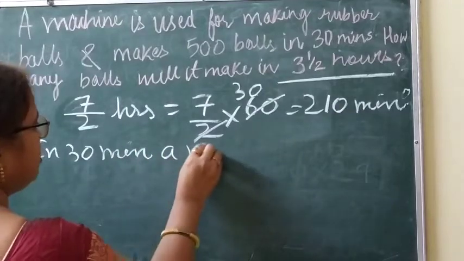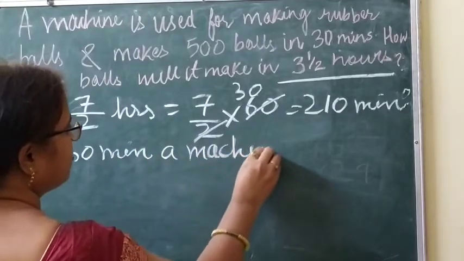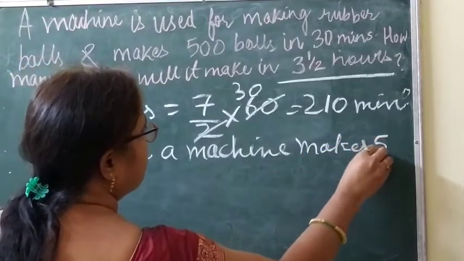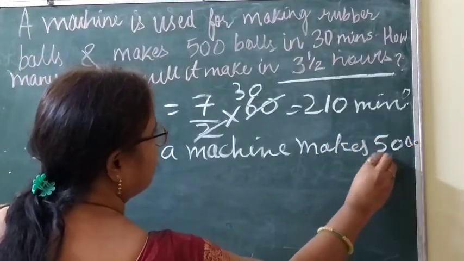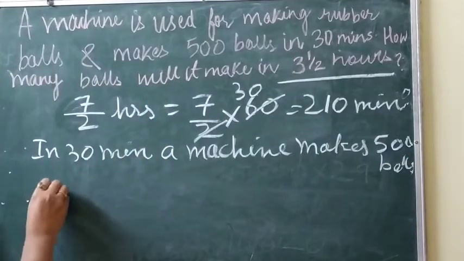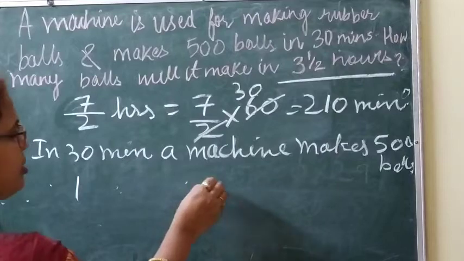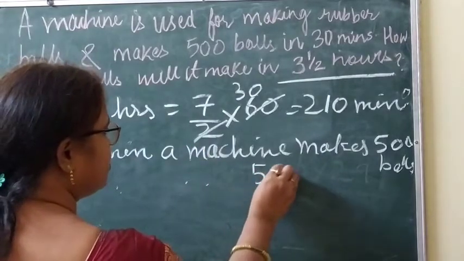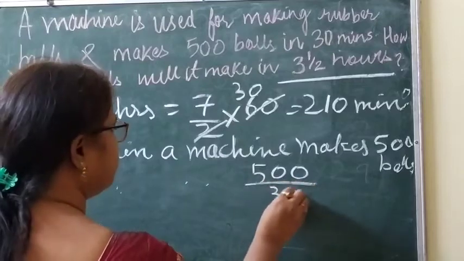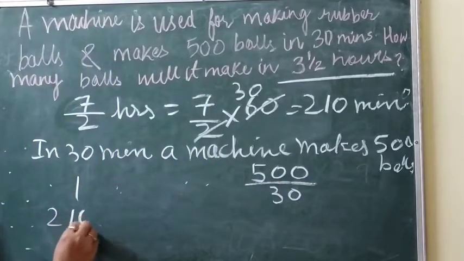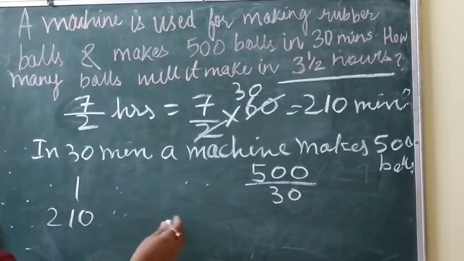Then write the statement that in 30 minutes a machine makes what? 500 balls. Okay, so in 1 minute it will make more or less balls? Less number of balls. So we will divide. So 500 divided by 30. Clear? Then in 210 minutes. Of course 210 is again more than 1, so we will multiply.